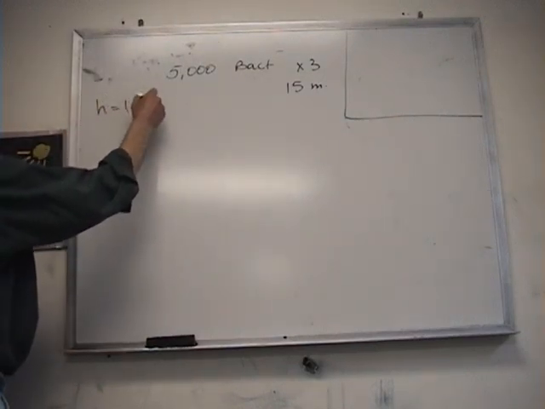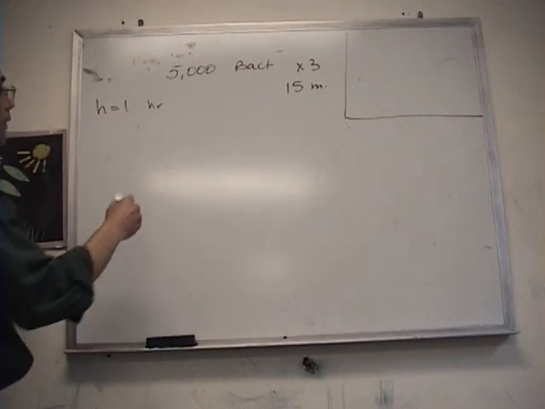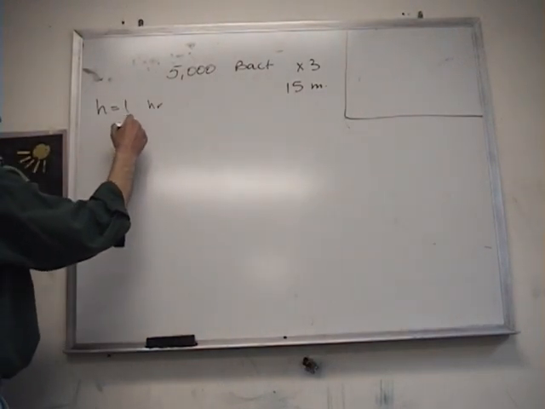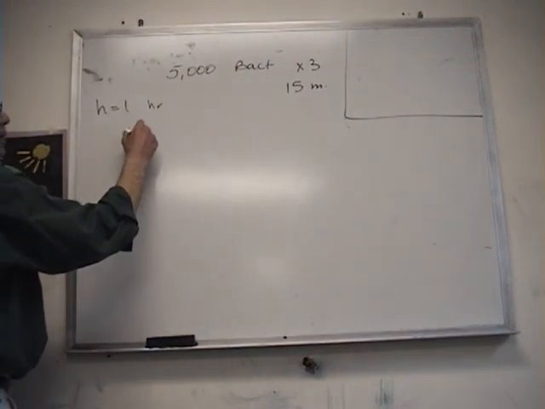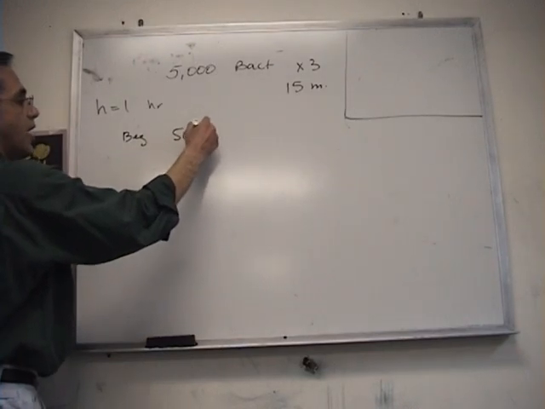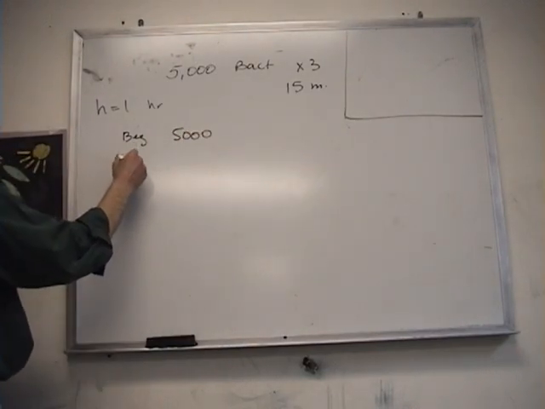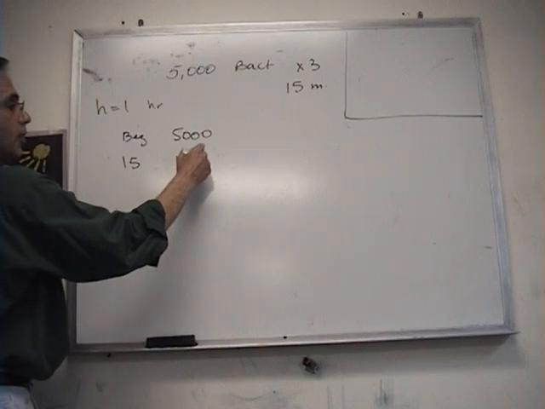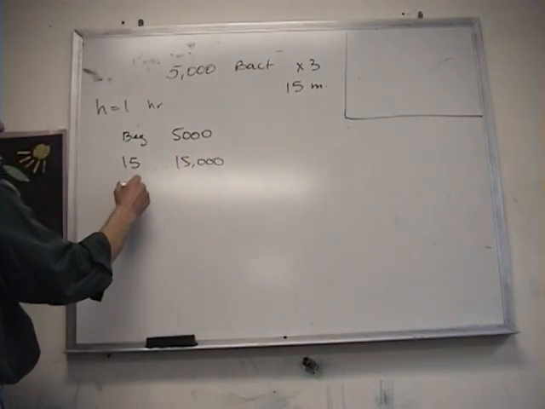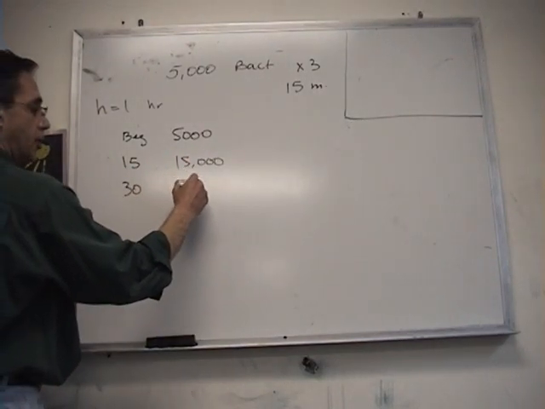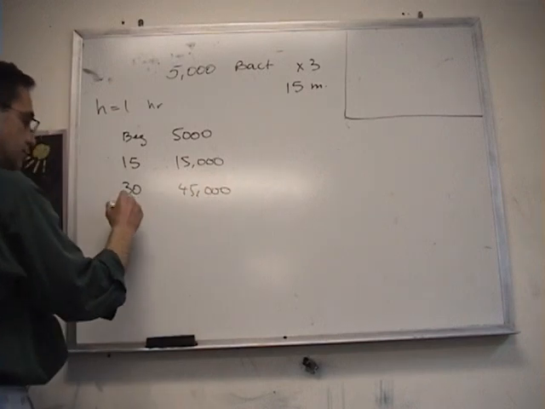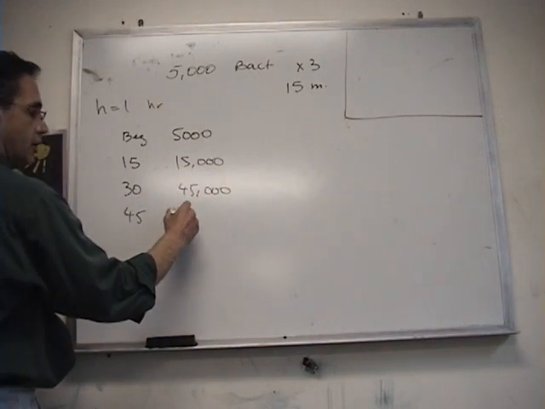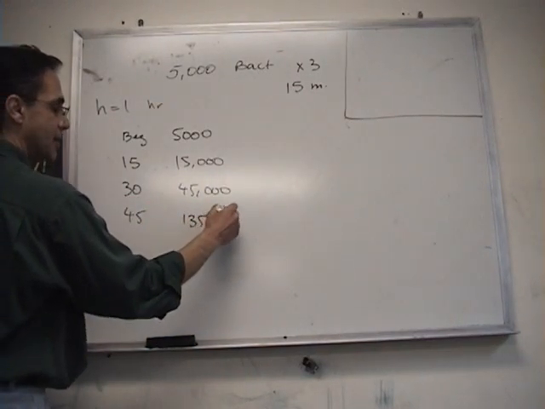H equals 1 hour. At the beginning, the bacteria count is 5,000. 15 minutes later, we triple that. 30 minutes later, we triple that. 45 minutes later, we triple that.